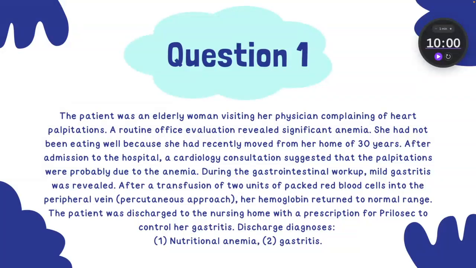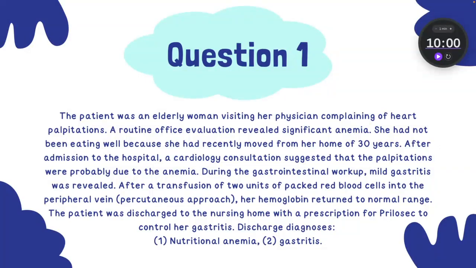So she had not been eating well because she recently moved from her home of 30 years. After admission to the hospital, a cardiology consultation suggested that the palpitations were probably due to the anemia. During the gastrointestinal workup, mild gastritis was revealed.